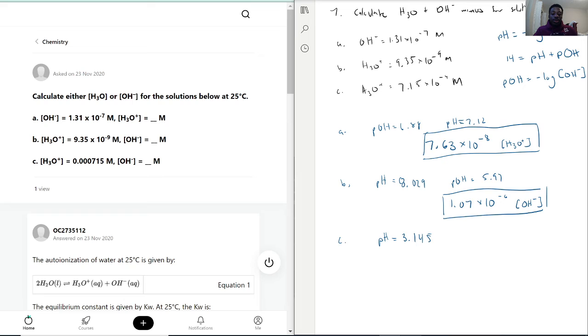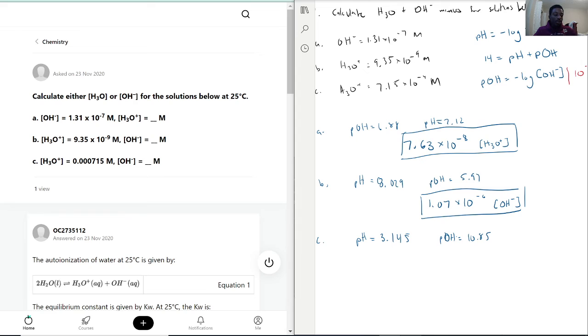So in order to find pOH, it is 14 minus that answer, 10.85. And then we do the conversion back, so that's 10 to the power of negative that answer. We have 1.39, well, if we round it up, 1.40 times 10 to the negative 11 for the concentration of OH minus.